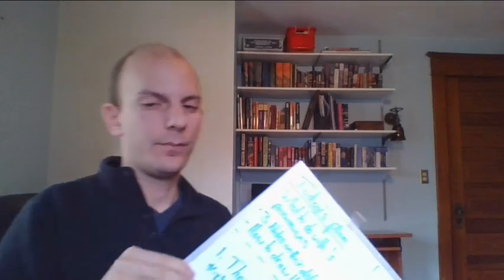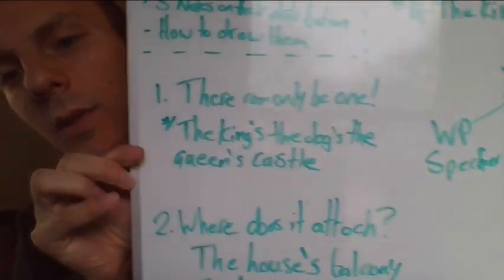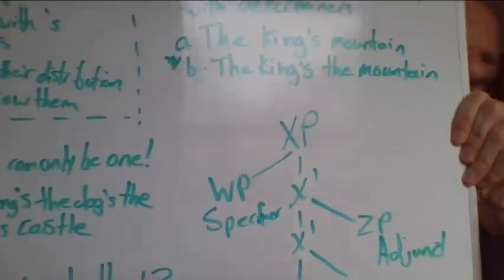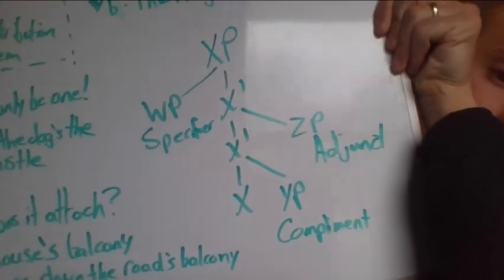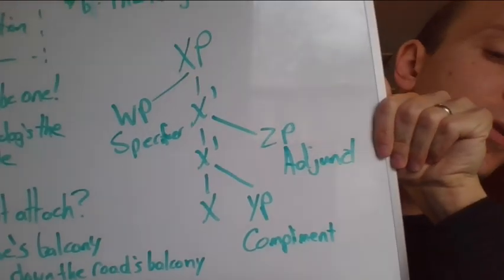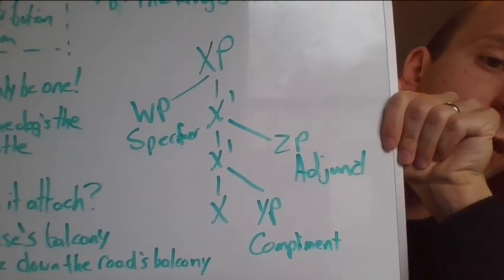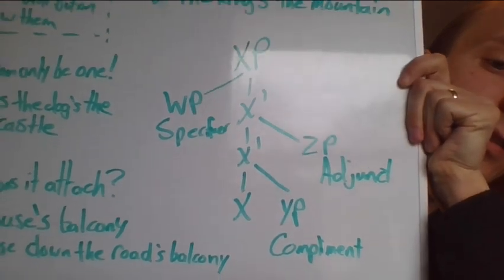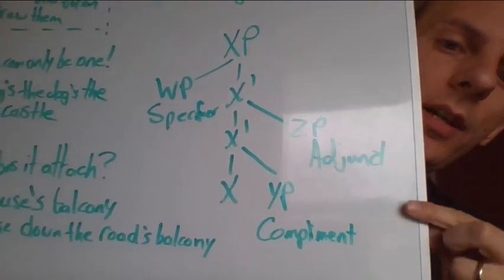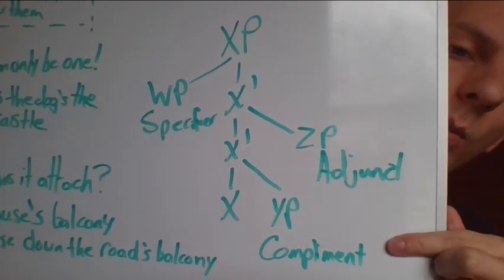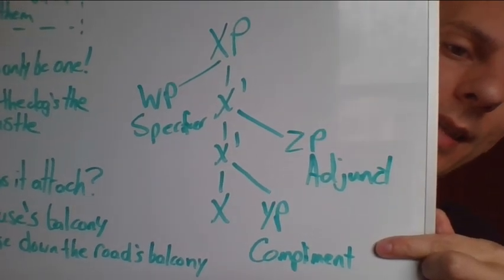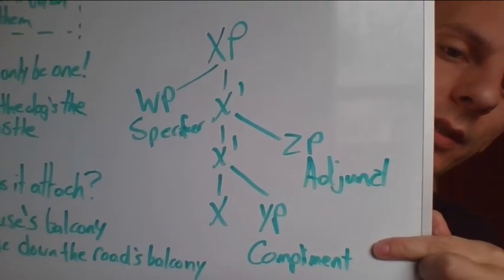All right. This is what I'm talking about, this default X-bar structure that we're looking at. We can see that we've got the complement down here, this YP. It's sister to that X head. Think about the structural relationships.